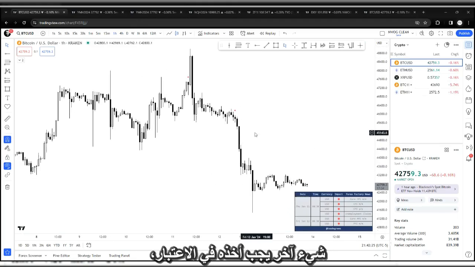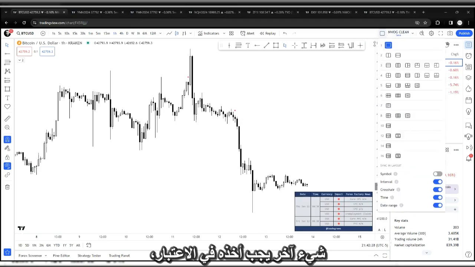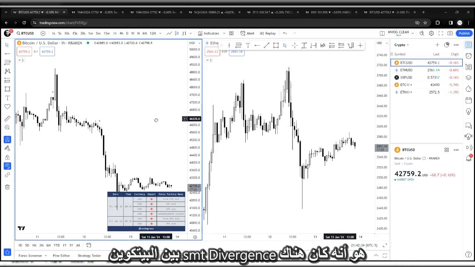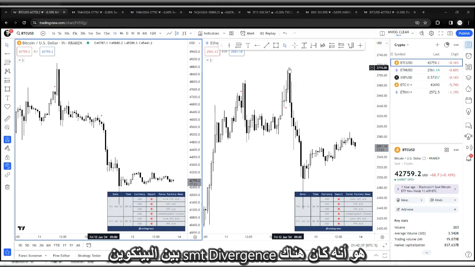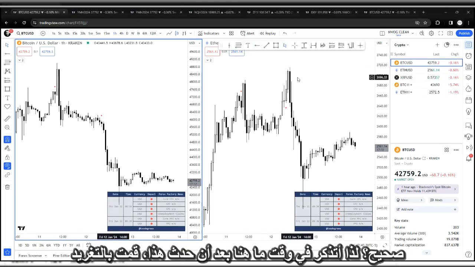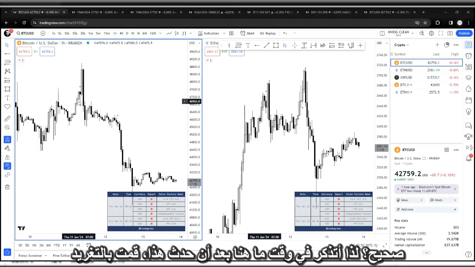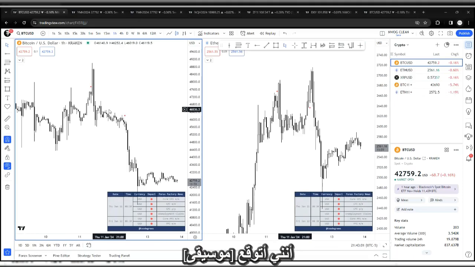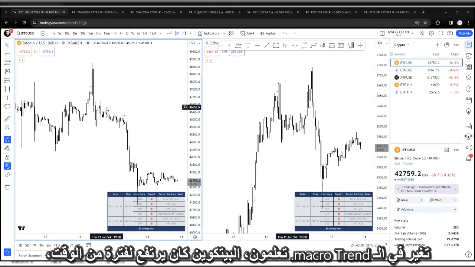Another thing to take into consideration is there was SMT divergence between Bitcoin and Ethereum on Friday. I remember sometime around here, after this had happened, I tweeted that I was expecting a shift in macro trend.